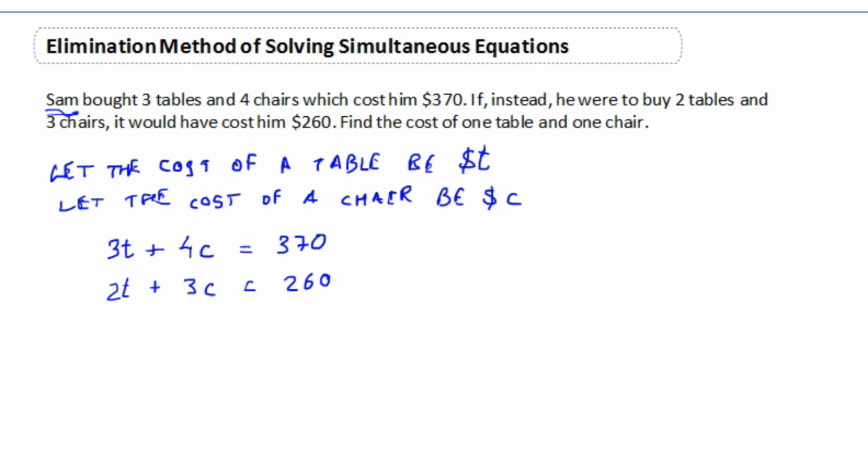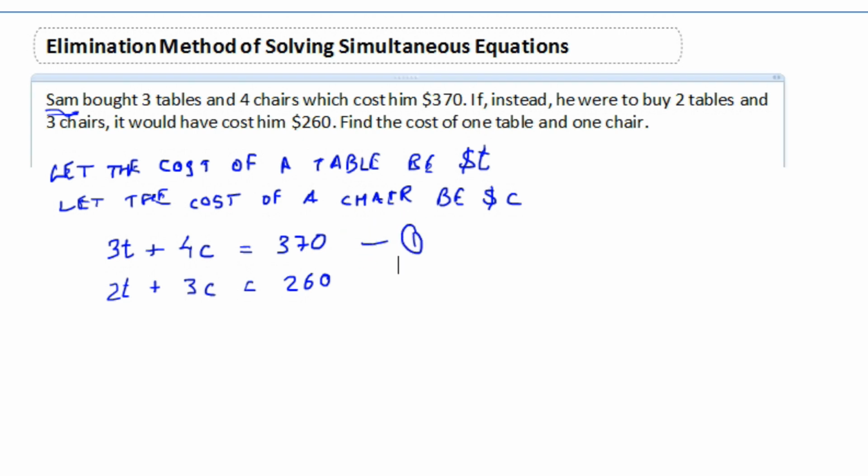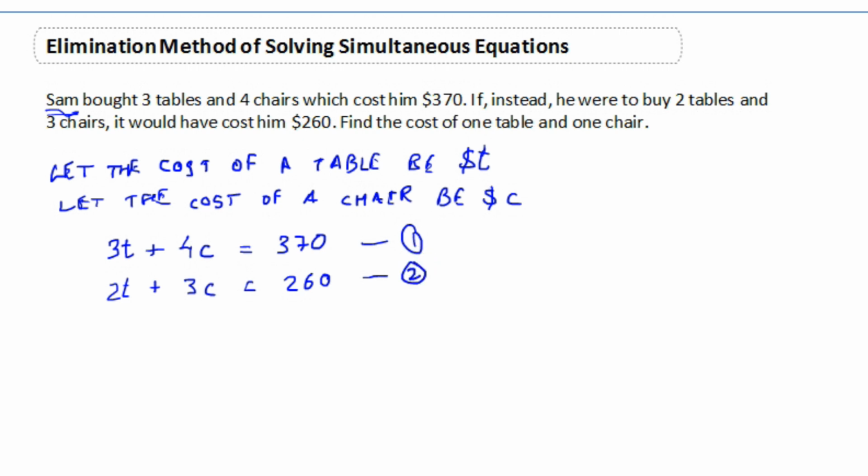So if we want to make both the variables as 12, let me give the names first. Let this be equation number 1, let this be equation number 2, and the choice that we have is to multiply 1 by 3, since we want to make the c as 12, and 2 by 4.